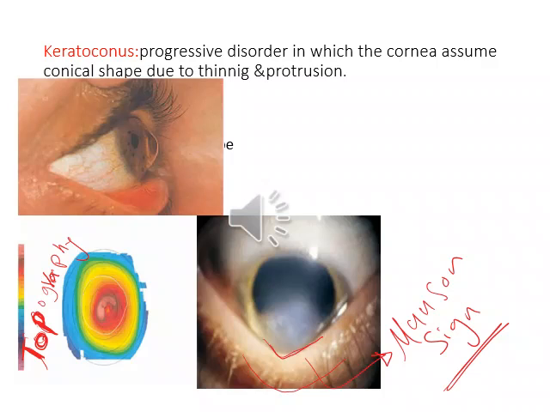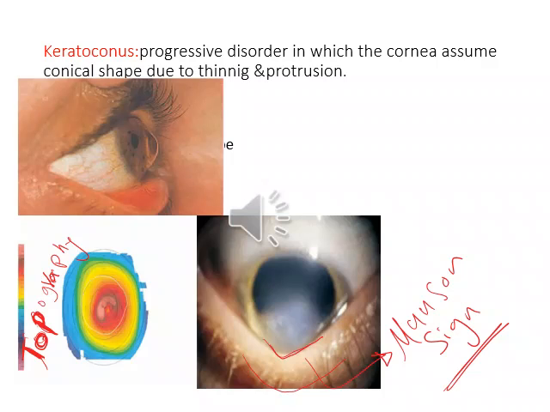Corneal topography, as shown in the left lower photo, is a corneal map which will show us the corneal power. So if there is corneal steepening or increase in keratometry reading, we can notice this by the corneal topography. Also we can detect the corneal thickness within the corneal topography. So we will see there is steepening of the cornea and there is thinning of the cornea.